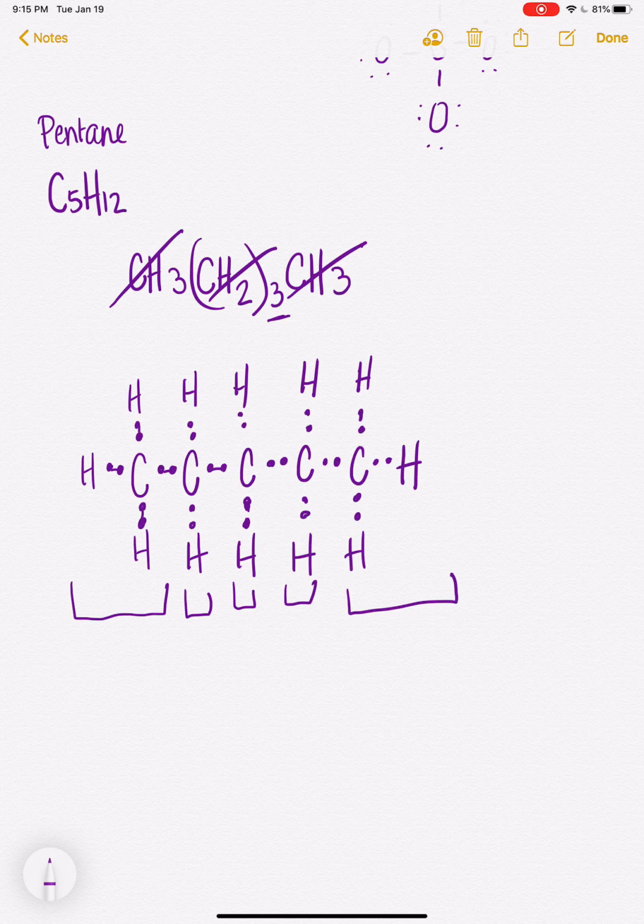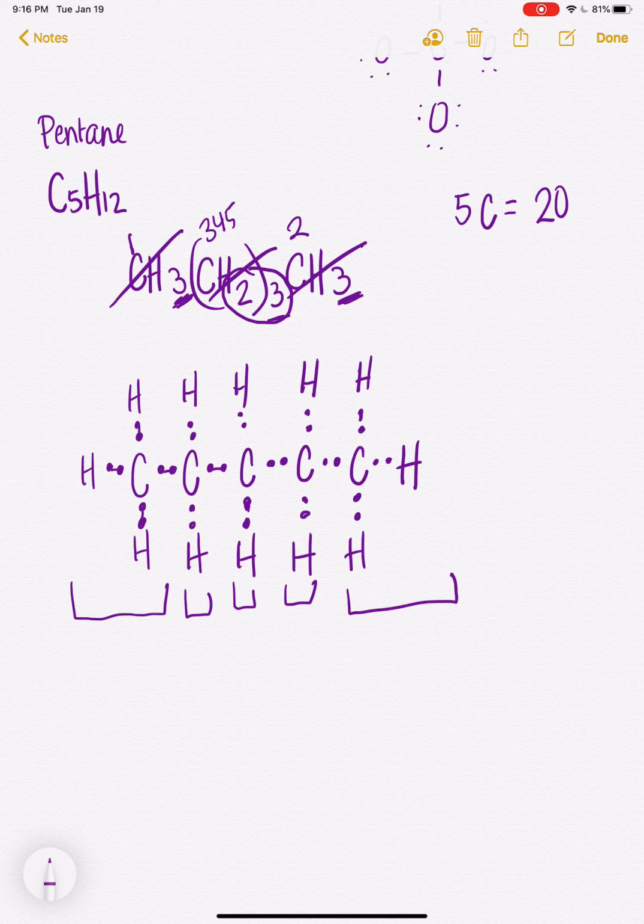So I have 1, 2, and then 3, 4, 5 carbons, okay? So I've got 5 carbons. Each of those has 4 valence electrons. So that's going to be 20 total valence electrons in carbon, okay? I have 3 hydrogens here, plus 3 hydrogens here. That's going to be 6 hydrogens, plus 2 times 3, 6 more hydrogens.